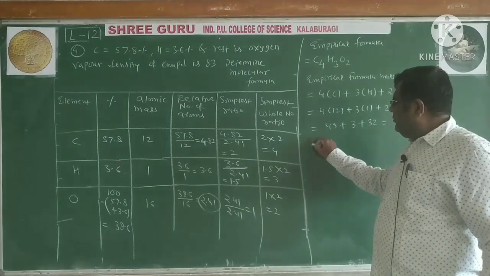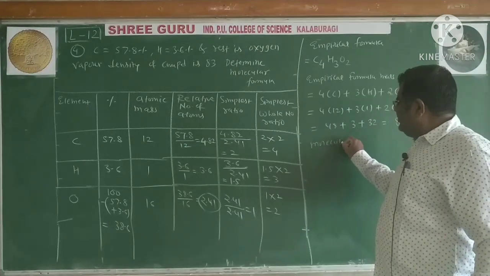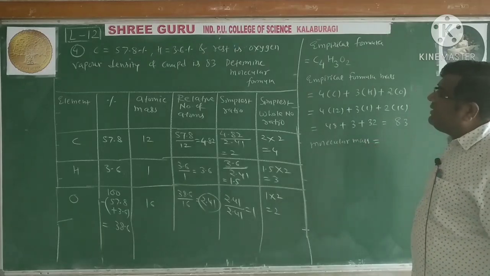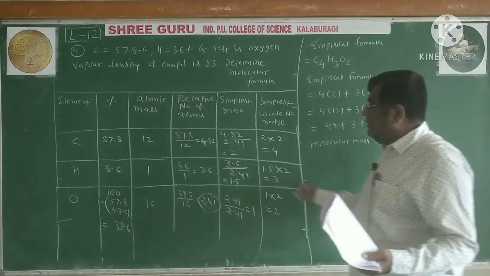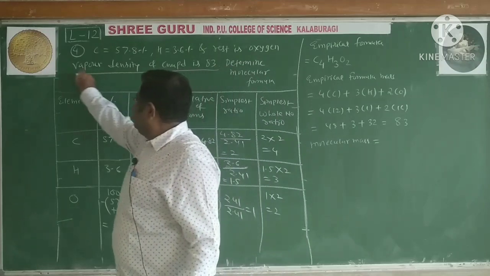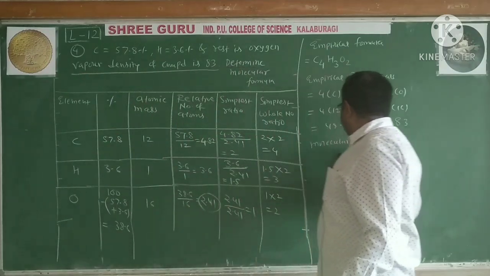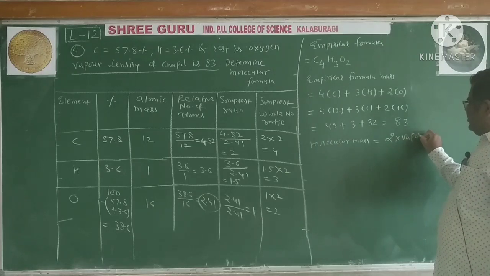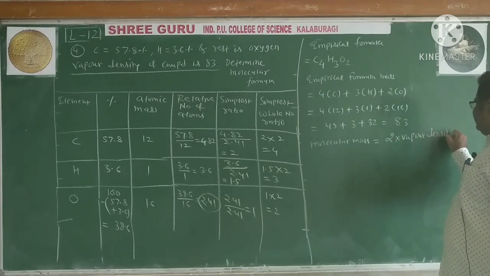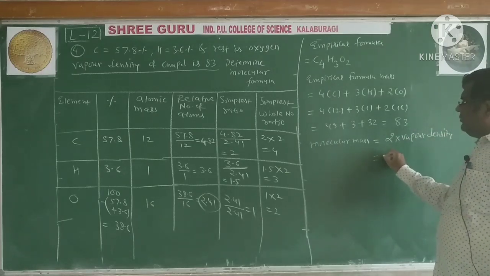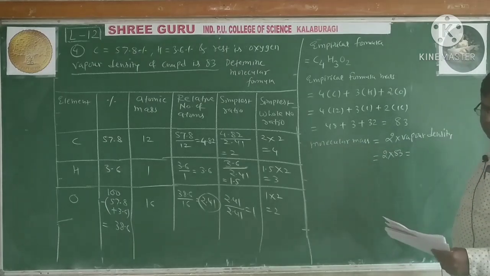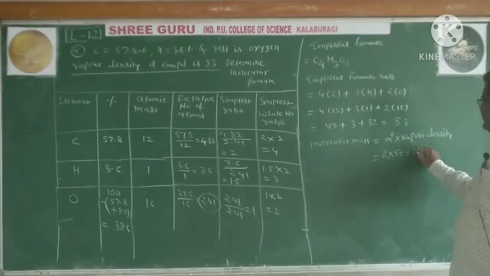Now, molecular mass is not given directly, but they said vapor density is 83. So you can say molecular mass is equal to 2 into vapor density, 2 multiplied by 83, and that happens to be 166, right.